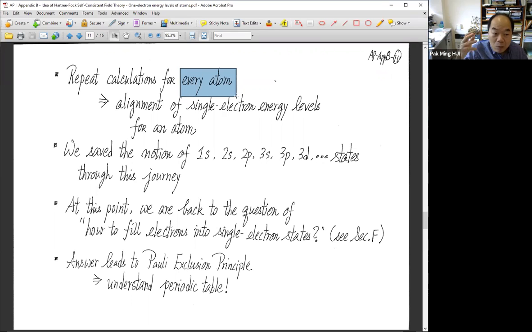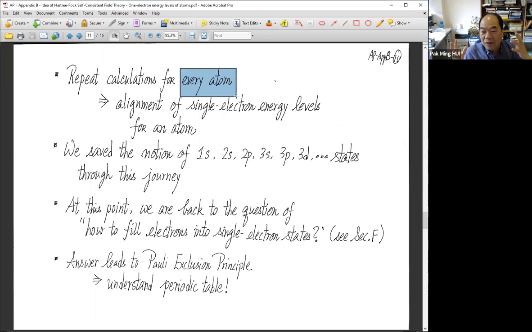So when you were a high school student or year one student in chemistry course, you see this 1s, 2s, 2p, those energy level diagram. You thought that it is good for all atoms.